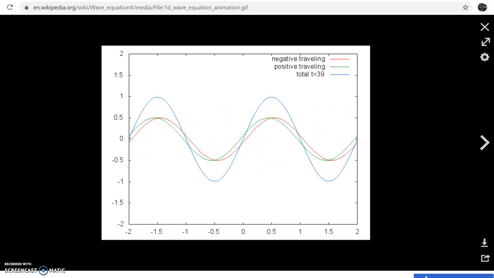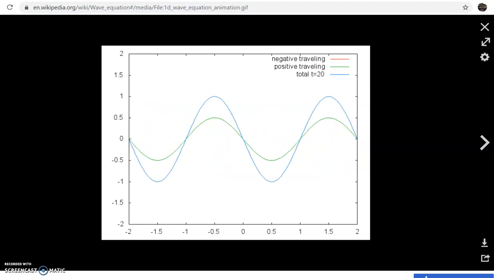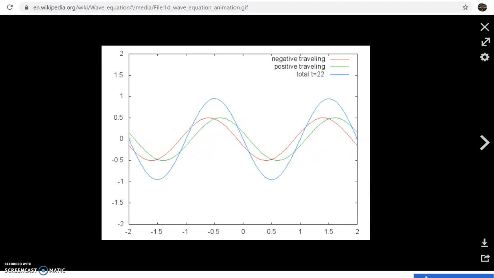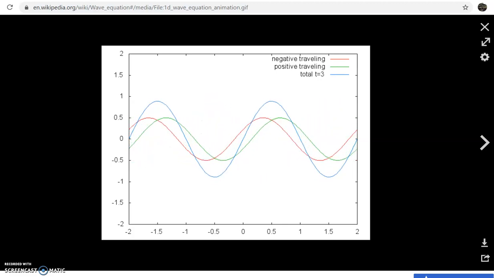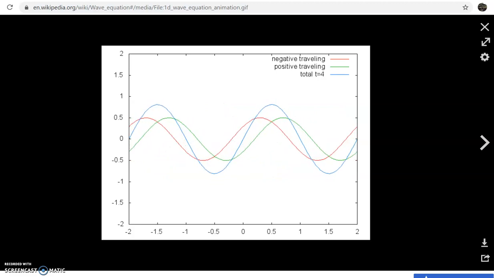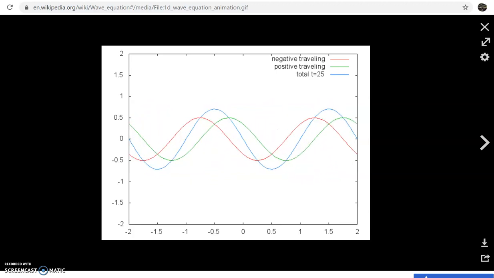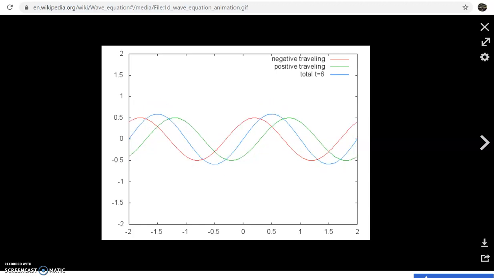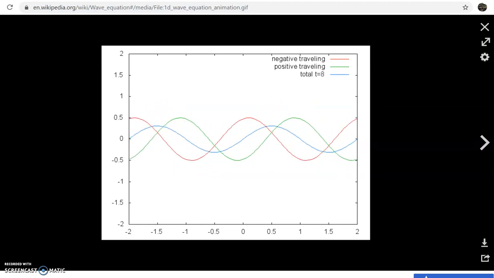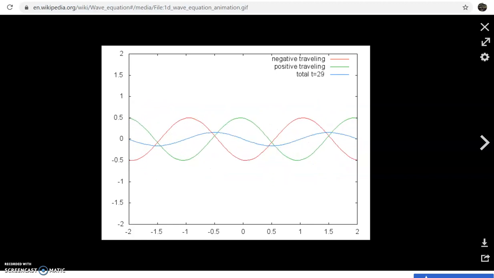The blue one is like a string that is held at its two sides, like the string of a guitar or any instrument. And you do some kind of perturbation, and then the oscillation of this string is going to be the sum of two waves, one traveling from the right and the other one traveling from the left.